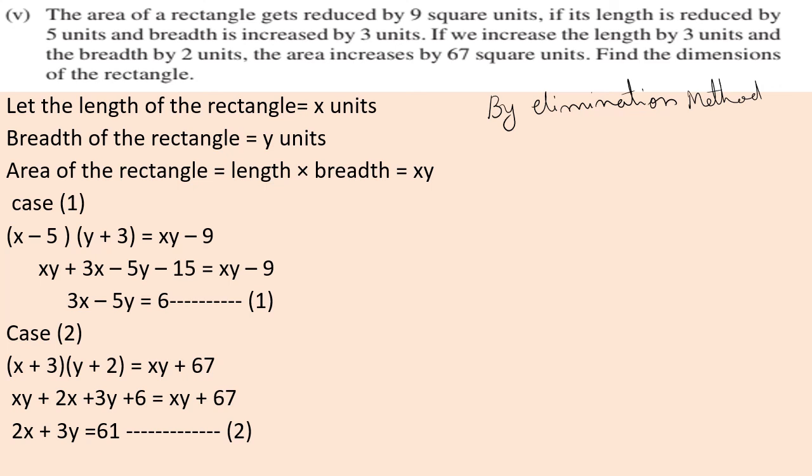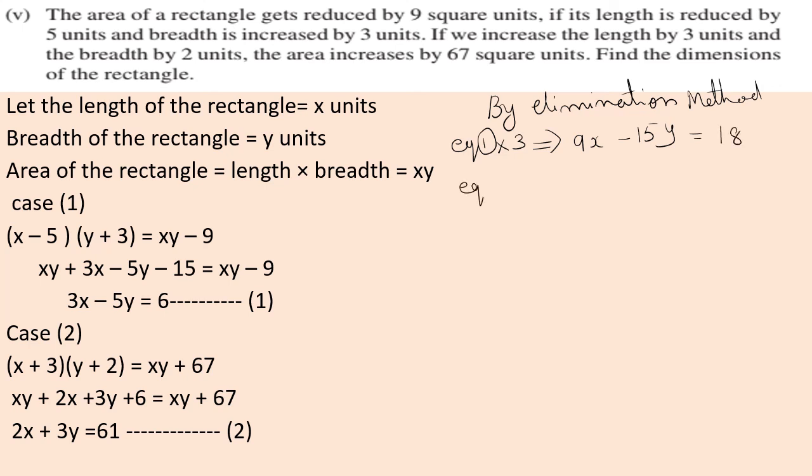So equation 1 must be multiplied with the coefficient of y in equation 2, that is 3. So you have to multiply equation 1 by 3. You are getting 9x minus 15y equal to 6 3s are 18.